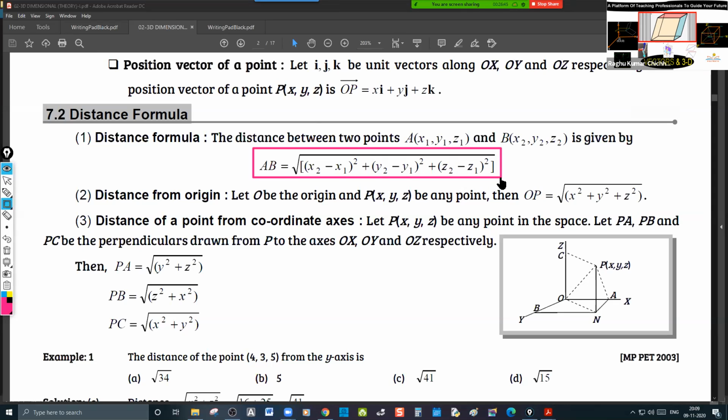And one more important thing you have to understand is that PA is equal to root over y square plus z square, PB is equal to root over z square plus x square, and PC is equal to root over x square plus y square.